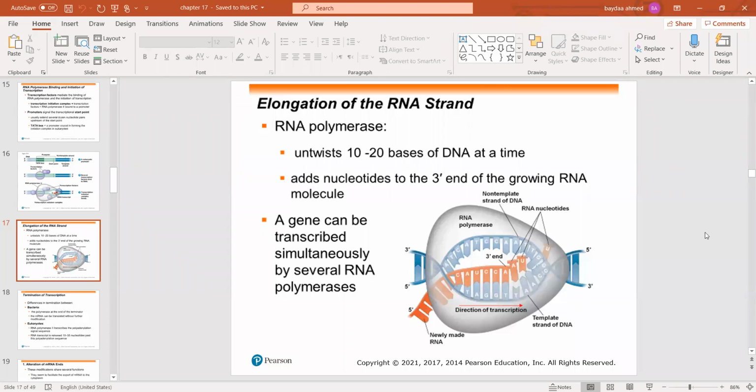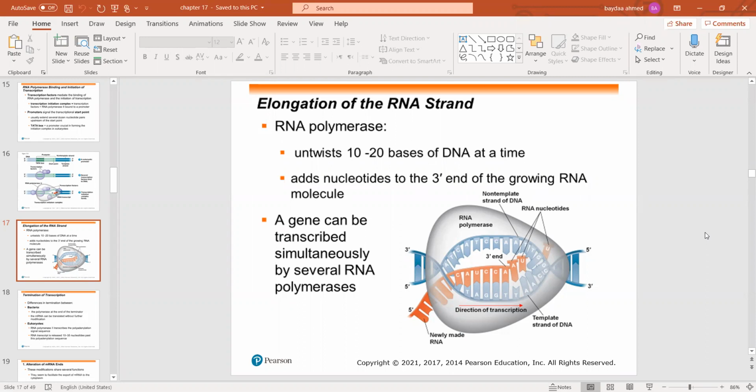As RNA polymerase moves along the DNA, it untwists the double helix, exposing about 10 to 20 DNA nucleotides at a time for pairing with RNA nucleotides. The enzyme adds nucleotides to the 3' end of the growing RNA molecule as it moves along the double helix.